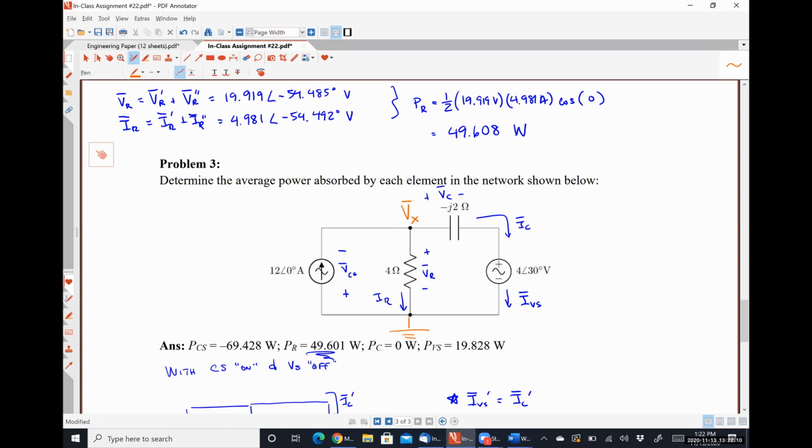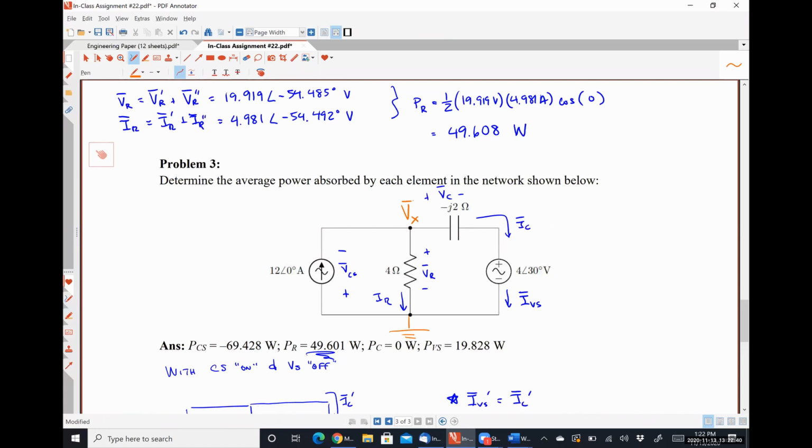We will find problems that require us to use superposition or source transformation and all that. For this problem, we could have done a source transformation to transform this into a single loop circuit, which would have allowed us to calculate VC, IC, and IVS in one go.